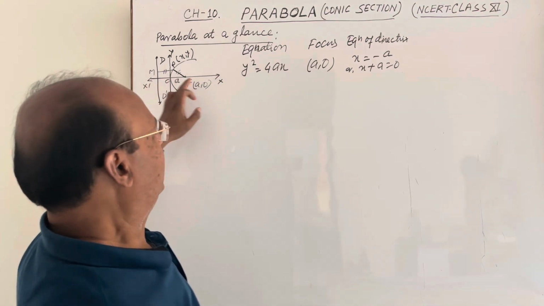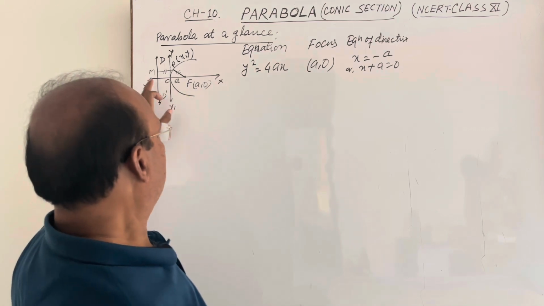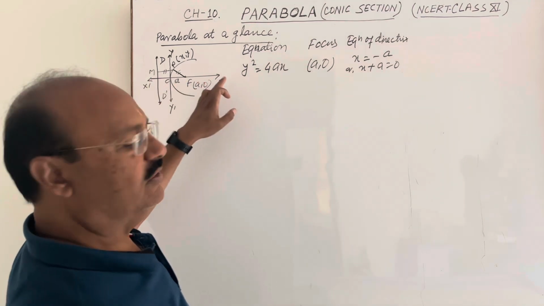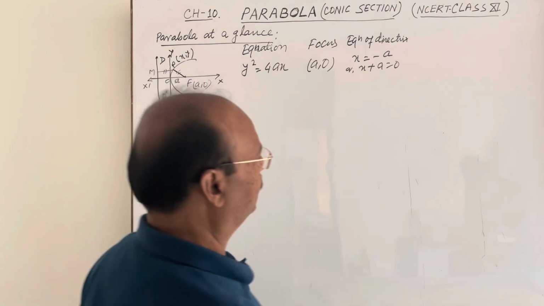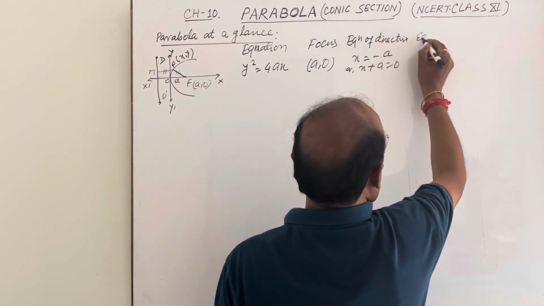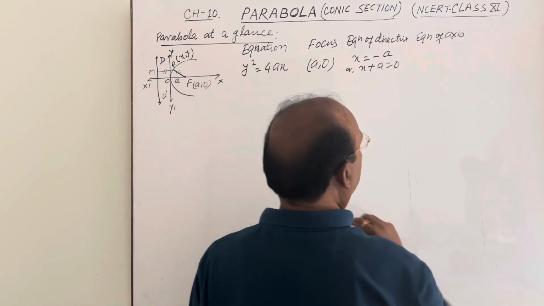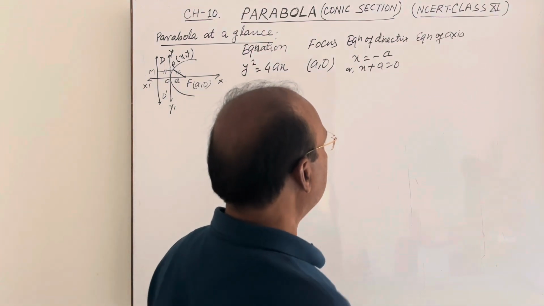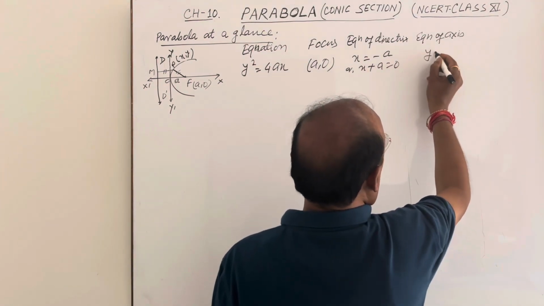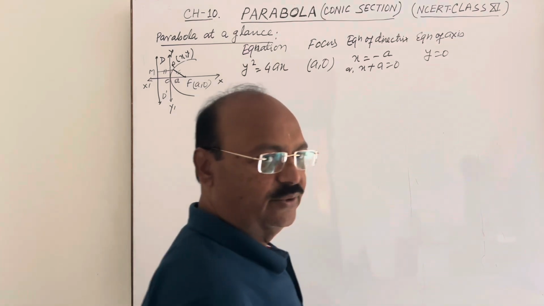And this is the axis of the parabola. This is nothing but the x-axis. So the equation of the axis of the parabola is y is equal to 0.